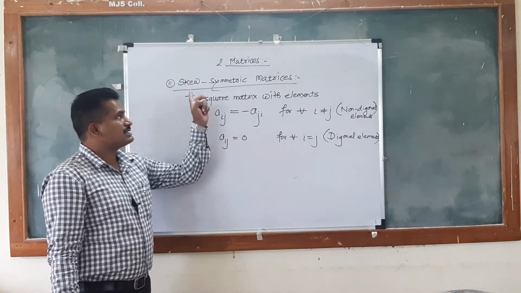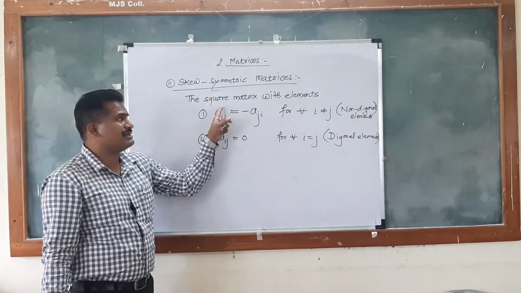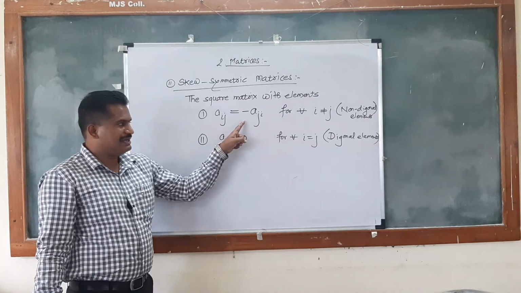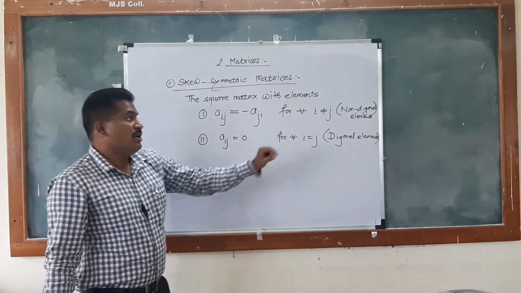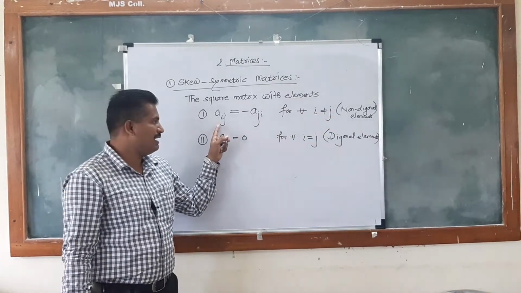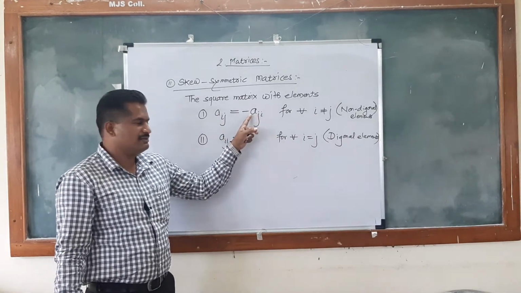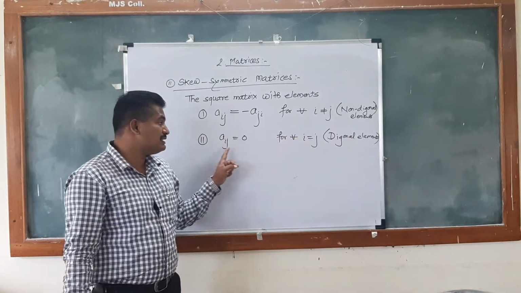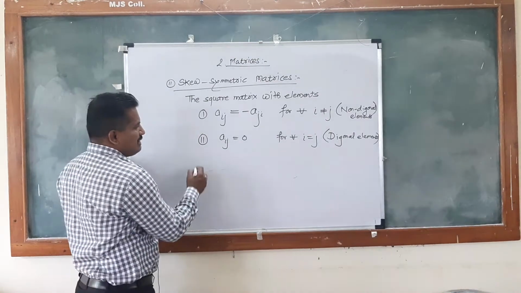So skew symmetric is the square matrix with elements Aij equal to minus Aji for all i not equal to j, that means all non-diagonal elements having coefficients in reverse manner with opposite sign, and second, all diagonal elements must be 0. Then this is called a skew symmetric matrix.